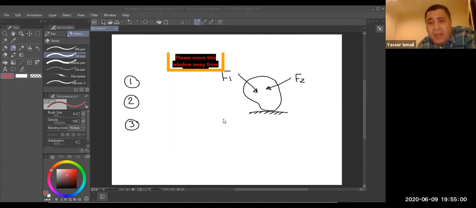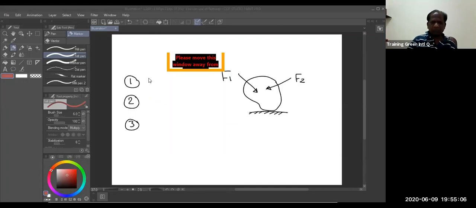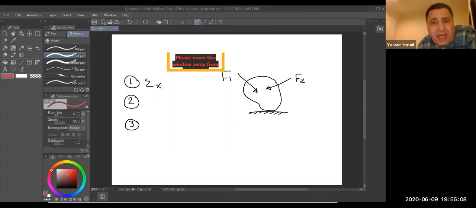Okay, sorry. What does it mean when we say this body is under equilibrium? Means sigma x, the forces in x direction, will be 0. Sigma y, all the forces in y direction should be 0.